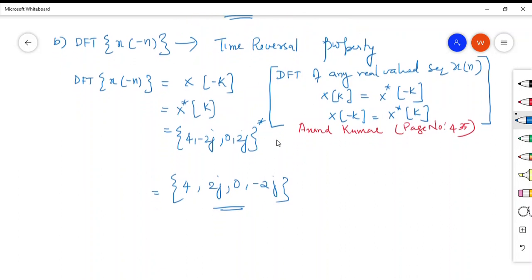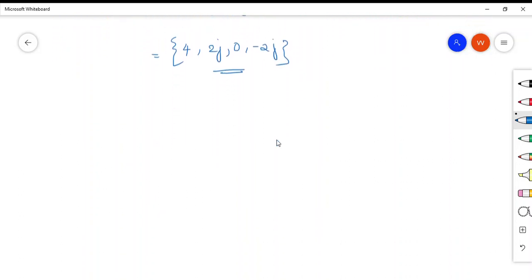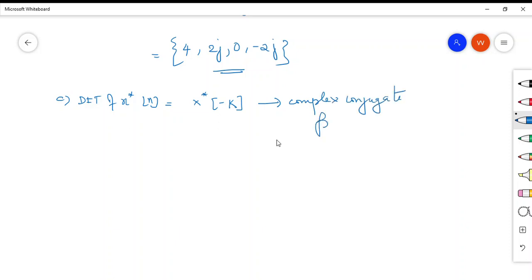Now next, you have to find the DFT of x conjugate n. Again you can apply the same formula. X conjugate n is the conjugate symmetry, or complex conjugate property. The DFT of x conjugate n is equal to X conjugate of minus k.